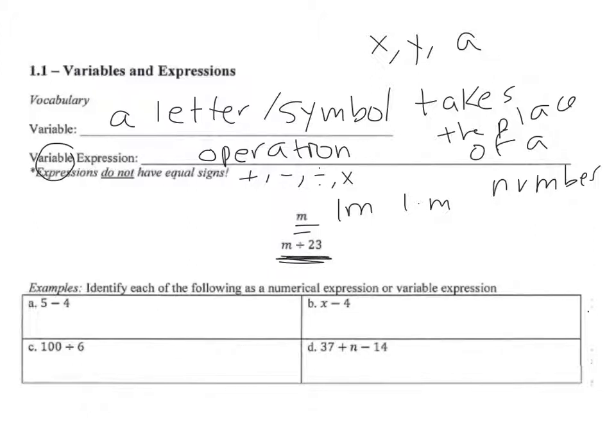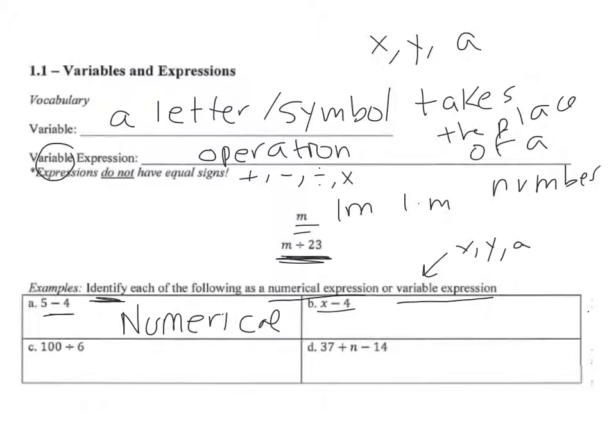To identify means to write down each of the following as numerical or variable. Tell me if it's numerical, which means all numbers, or variable, which has a variable in it, like X, Y, A. The first one is numerical because it's all numbers.